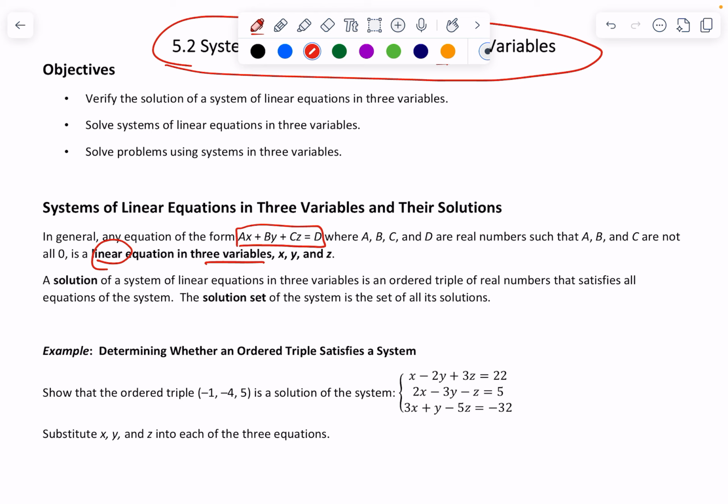Okay, a solution of a system of linear equations in three variables is an ordered triple of real numbers that satisfies all equations of the system. The solution set of the system is the set of all of its solutions. So the ordered triple looks like x, y, and z.